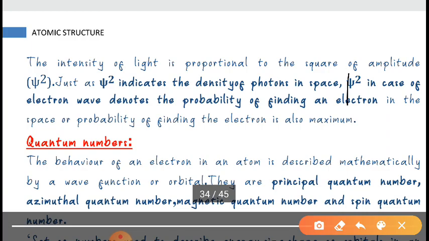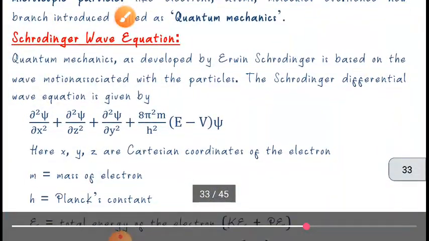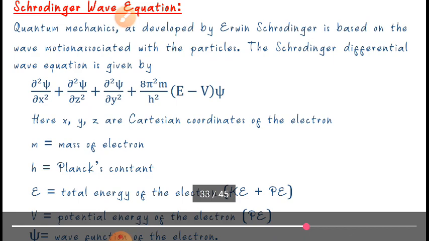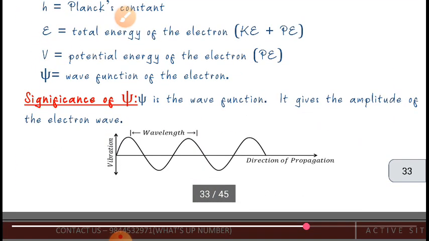I know this is a very complicated equation, but we will use it so many times that you will automatically remember it. You have to know the concept, no need to memorize this equation.